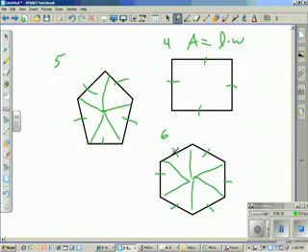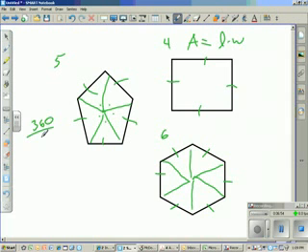Here we go. Now, there's a reason why I did this. In a five-sided figure, if I drew it a little better, it would look more accurate. But these five angles are equal. Who's got to work to find one of those angles? We talked about it in class. How many degrees in a circle? 360.